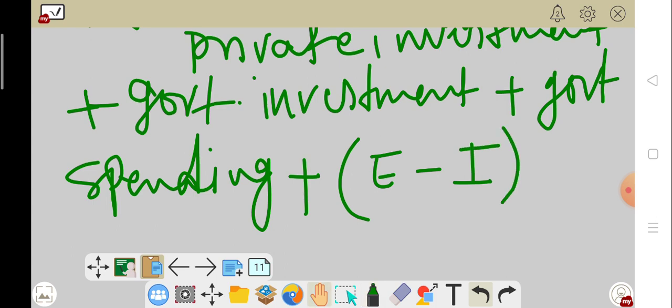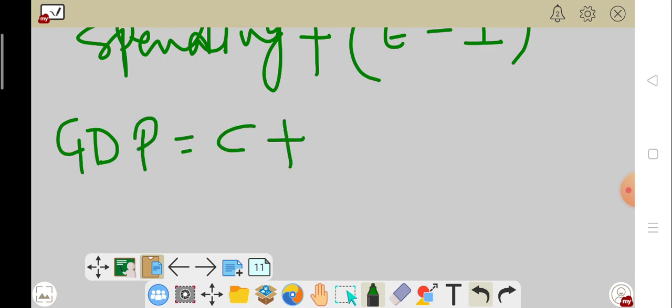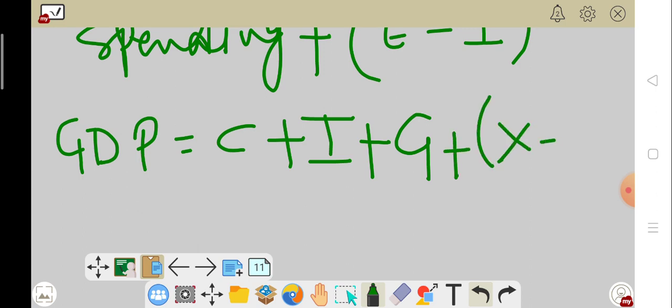Or we can express this formula in this way also. GDP is equal to C, which stands for consumption, I, which stands for investment, G, which stands for government spending, plus X minus M, which is export minus import.